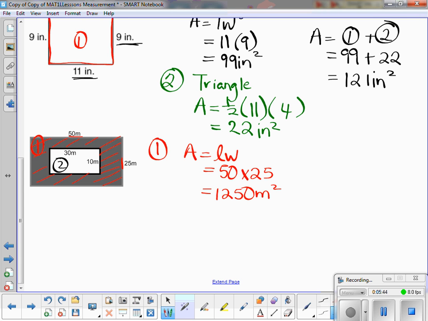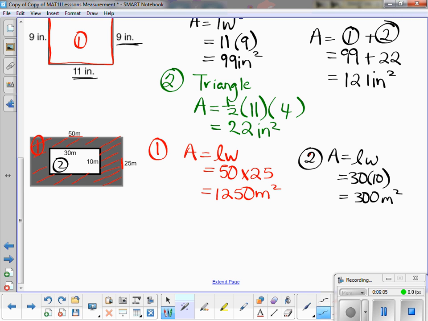Remember the units this time. My second one is also a rectangle, and it also has an area of length times width. Its length is 30 and its width is 10, and that equals 300 meters squared.